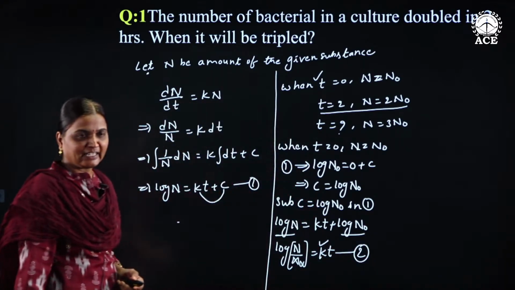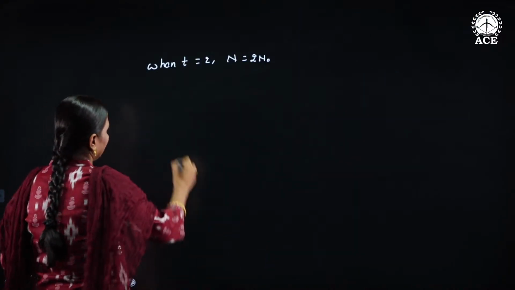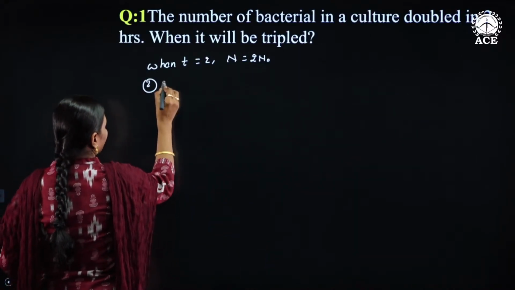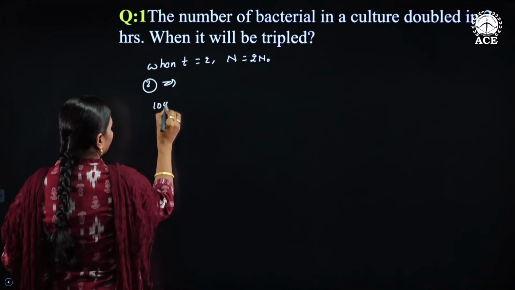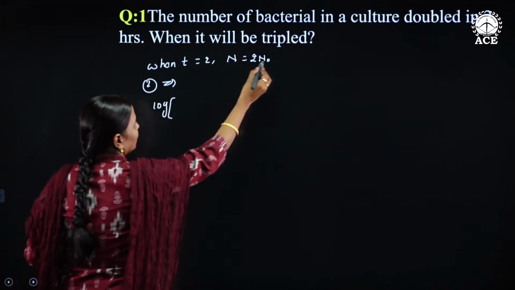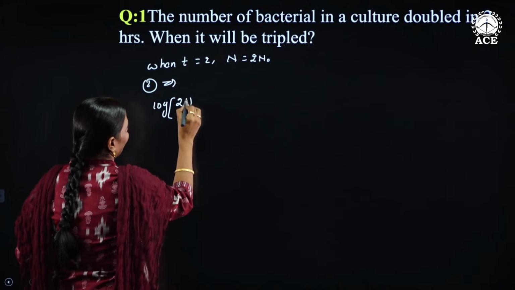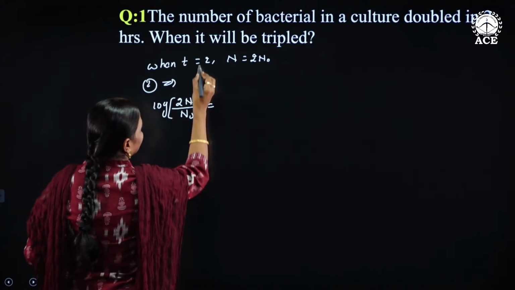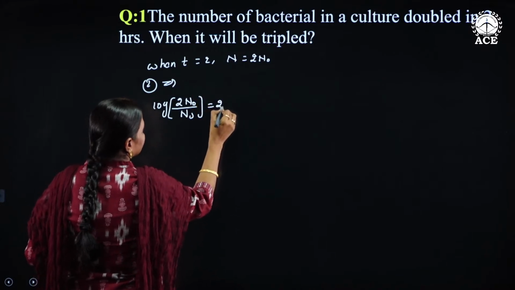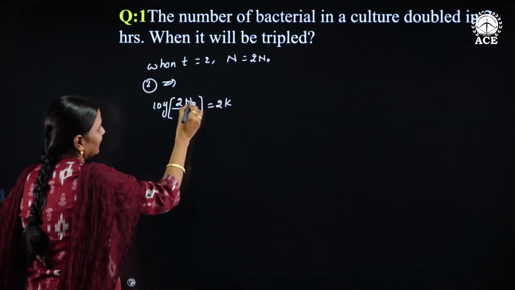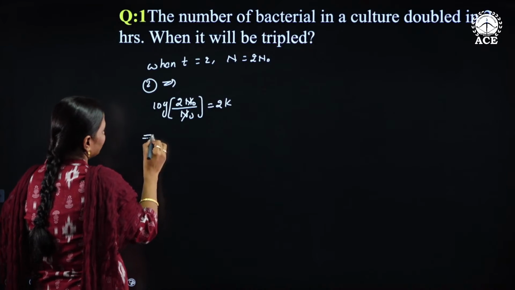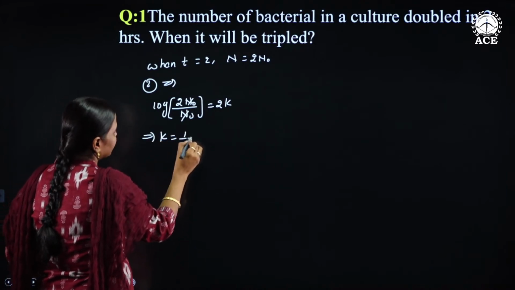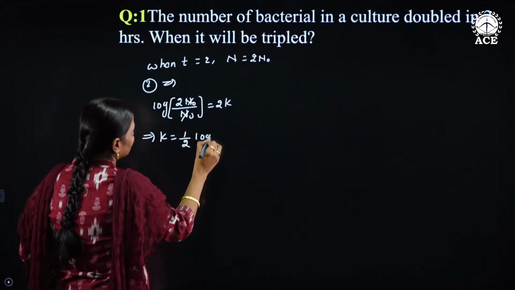Now how to write equation 2? Equation 2 can be written as log of 2 N naught by N naught is equal to k into 2, so that is equal to 2k. Now here N naught gets cancelled. From this equation, what is the k value? k is equal to 1 by 2 into log 2.